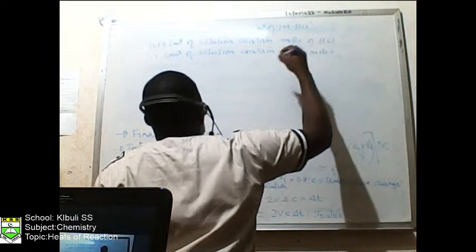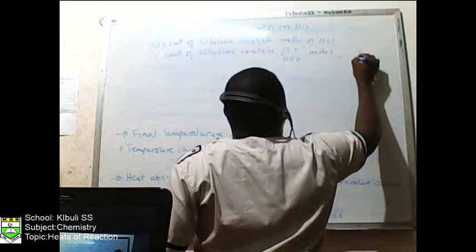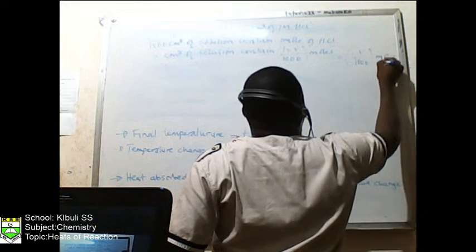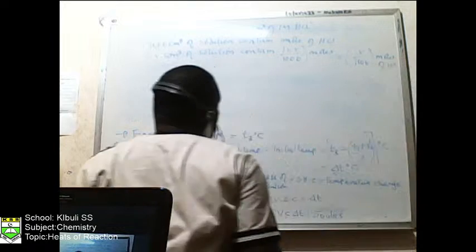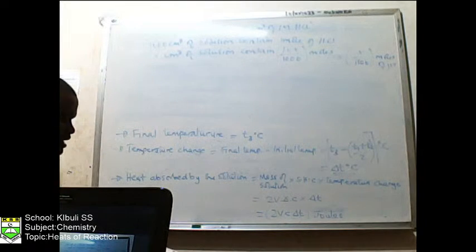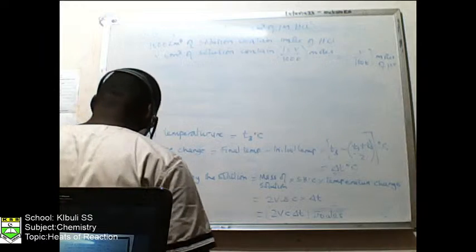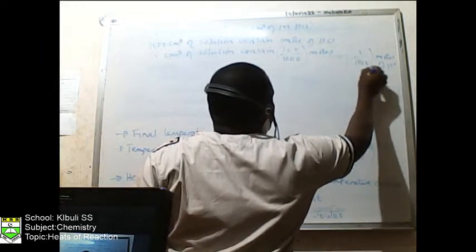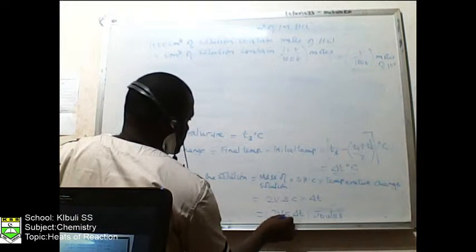So the number of moles of the acid is V over 1,000 moles of acid or of hydrogen ions, because hydrochloric acid is monobasic. So these are the moles which liberated this heat energy.